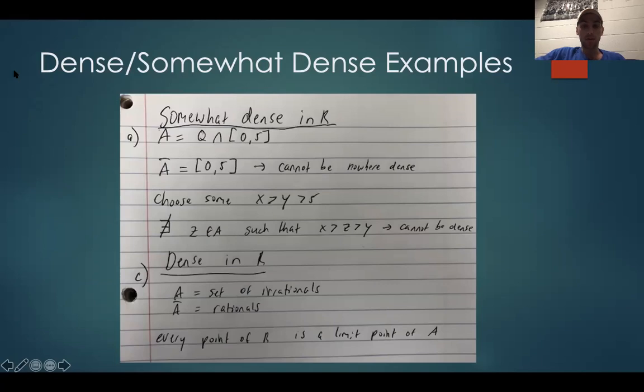And it also cannot be dense either, because there's no element z between x and y that fits the requirements written below. An example of a set that's dense in R is the set of irrationals, because its closure is R, and every point of R is a limit point of A. So hopefully that's an idea of what dense sets are.